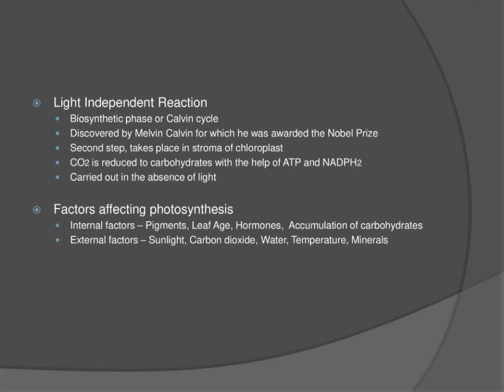I am repeating it again. Photosynthesis is a process by which certain green plants, certain chlorophyll containing bacteria and some algae all synthesize their own food using sunlight. This is your photosynthesis. In this photosynthesis, carbon dioxide combines with water in the presence of sunlight and chlorophyll to form carbohydrates.